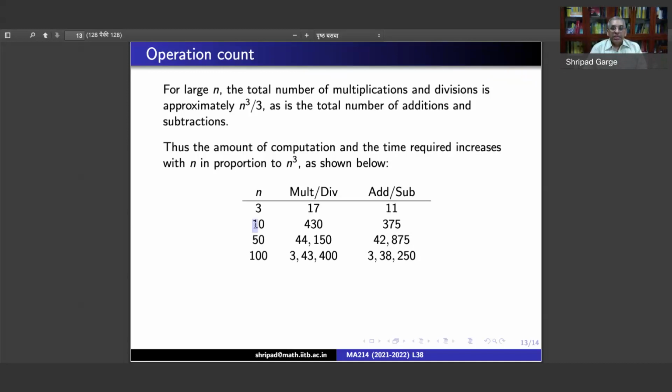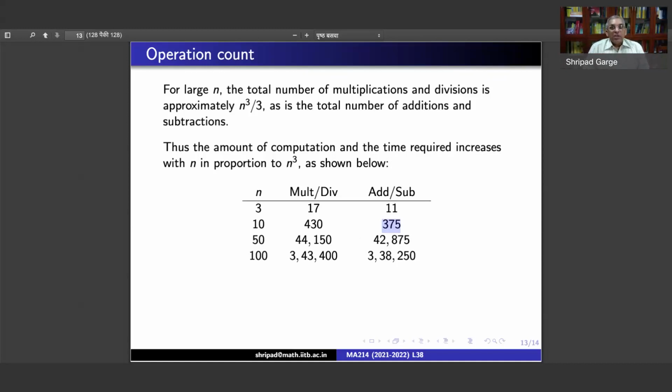For instance, if you are taking n equal to 10, then you see that this is only 430. It's not really 333. And this is only 375. 10 cube is 1000. 1000 divided by 3 is 333, roughly. That's not what this number is, because there are other entries in the formula also, but those entries will become smaller. They will become negligible as your n increases.